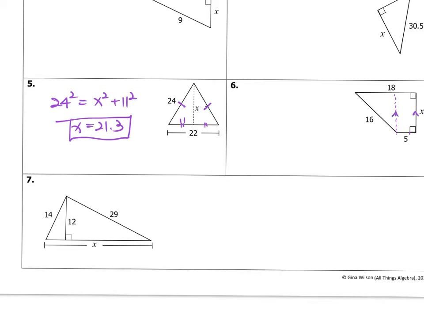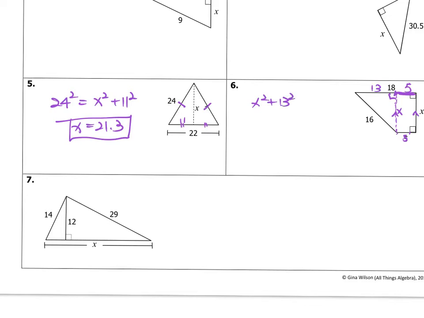So here I create a rectangle, which means the opposite sides have to be exactly the same, so the length of the added segment is also x, and this has to be 90 degrees. So I created a right triangle that way, and one of the legs is x, and the other leg is, if the whole thing is 18, and this side must be 5 because it's congruent to the opposite side, so this side is 13.